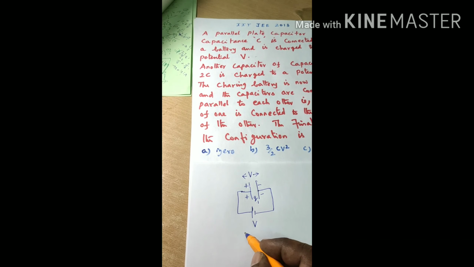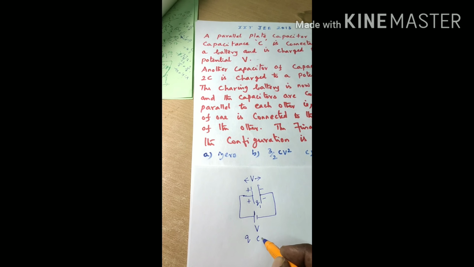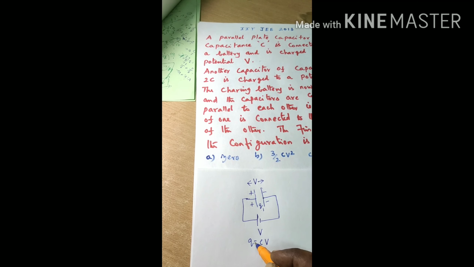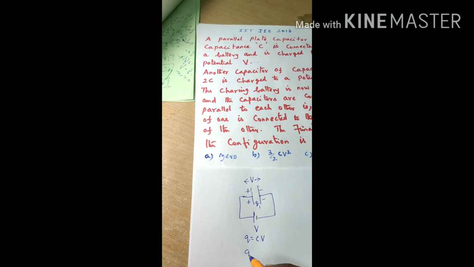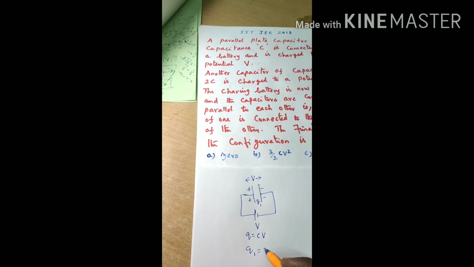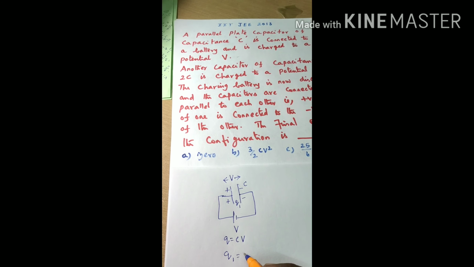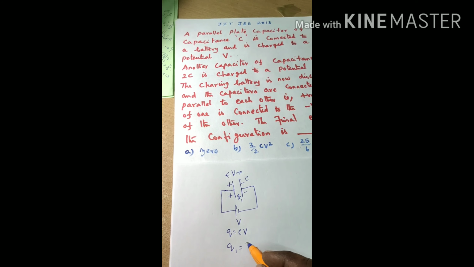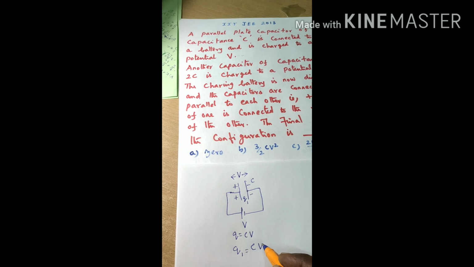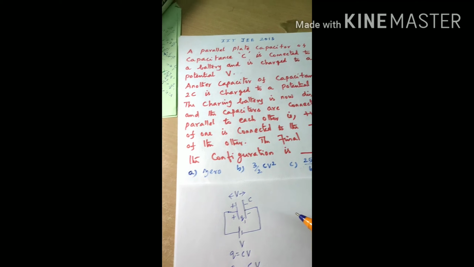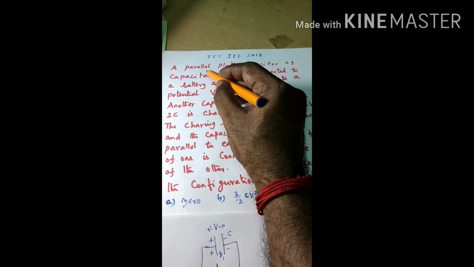You know the formula Q is equal to CV. So Q1 is equal to C times V, where the capacitance is C and the potential is V. This is the first thing.